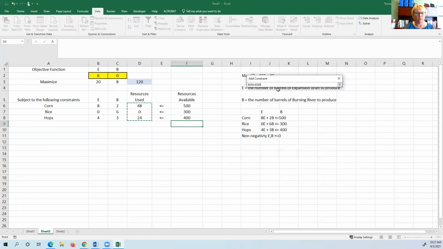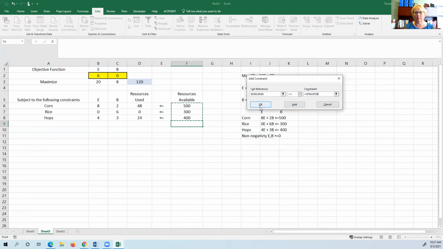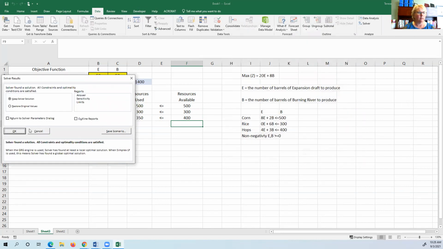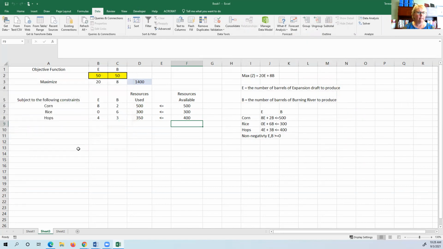The resources used for corn, rice, and hops have to be less than or equal to the resources available. And say OK. Make non-negative, we'll use simplex LP. We're going to solve. I'm going to say OK.